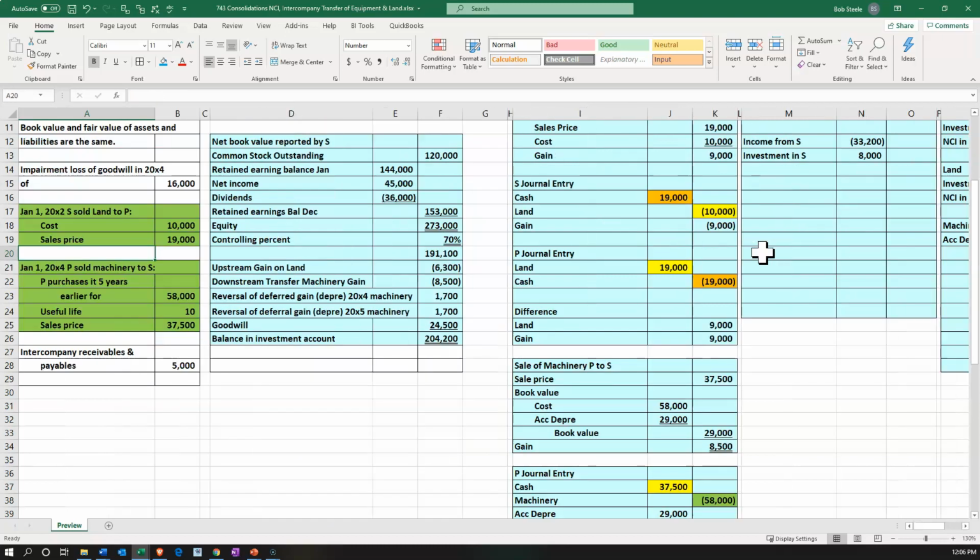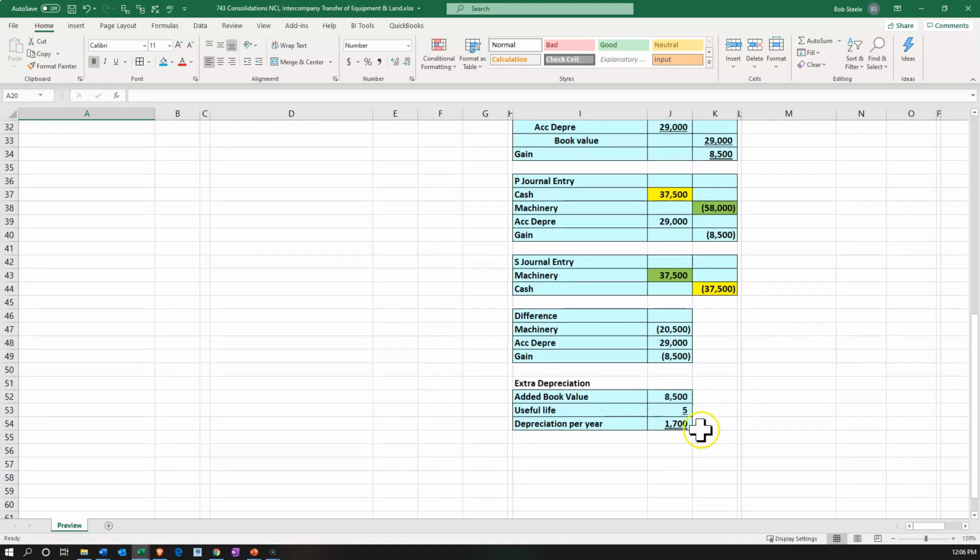In other words, the machinery, this happened 5 years ago, and then this happened in 20X4, and that happened in January. So we're going to reverse the accumulated depreciation, and then we had this 1,700 of depreciation expense that's going to be as a result of the added 8,500 that shouldn't be there because it's basically depreciation expense on the added amount.